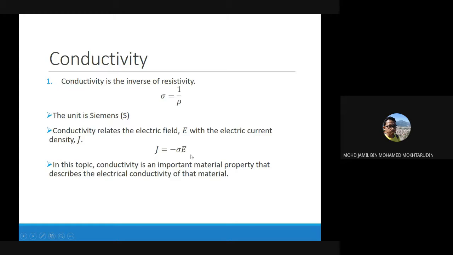Sigma and rho are properties that you need to know to simulate electrical stimulation in your finite element software.